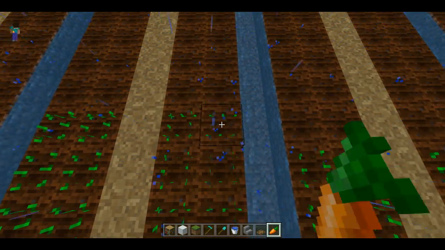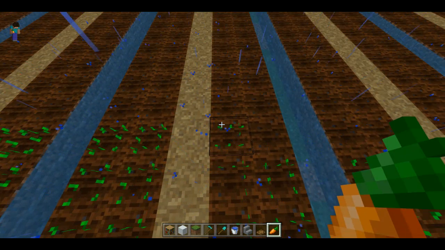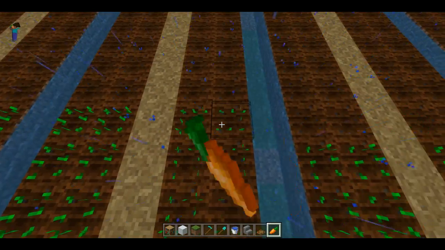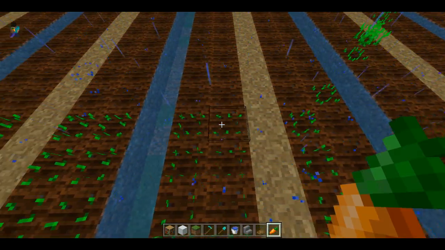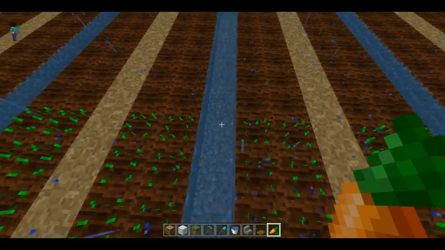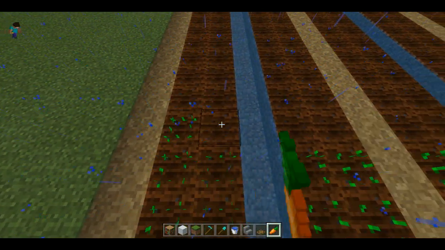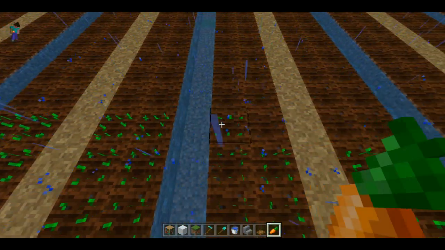One of those bottlenecks is the CPU itself. And sometimes the bottleneck is the RAM. That is the temporary storage.